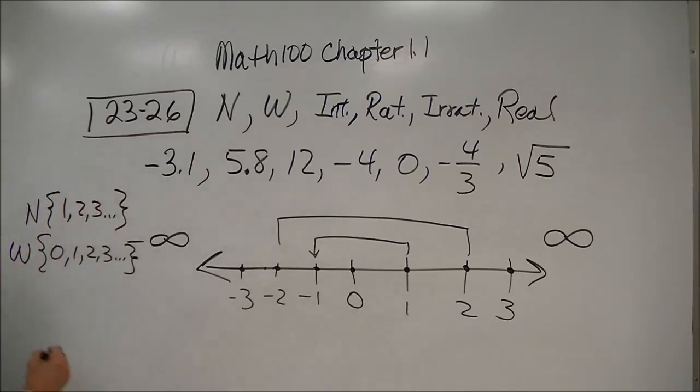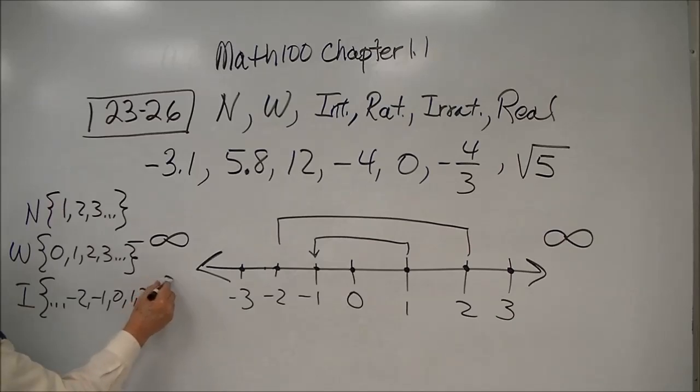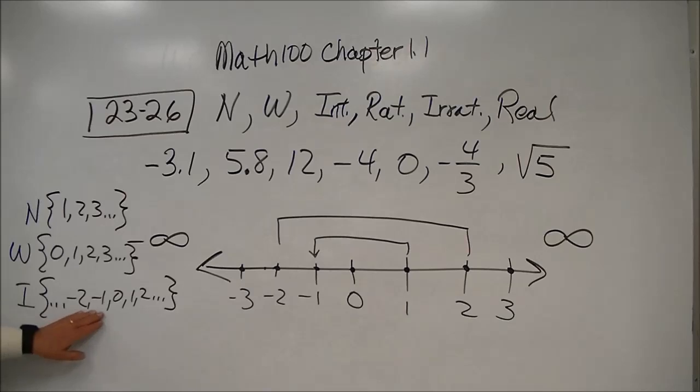And that would be indicated as coming from negative infinity to, let's say, negative 2, negative 1, 0, 1, 2. This would be the set builder notation for integers. And this is the graph of it.